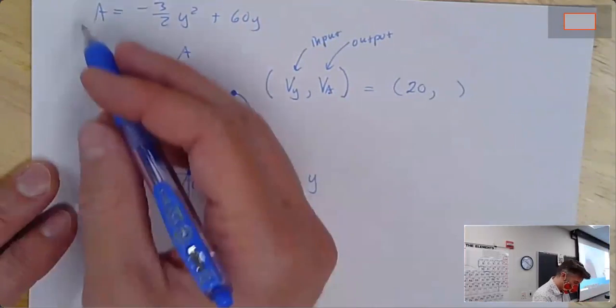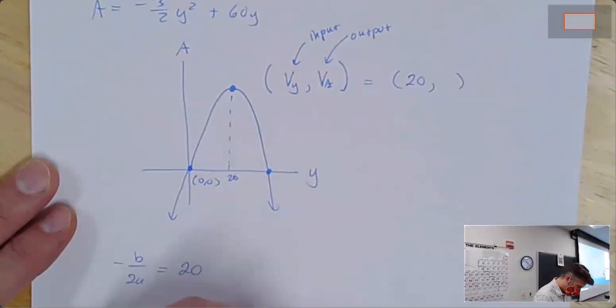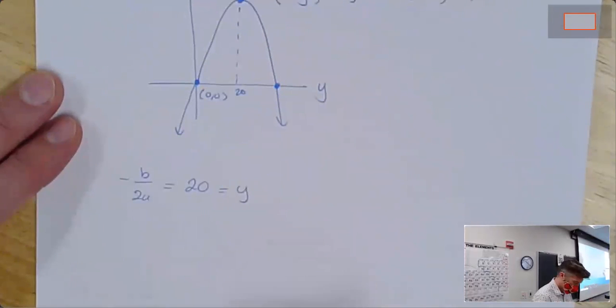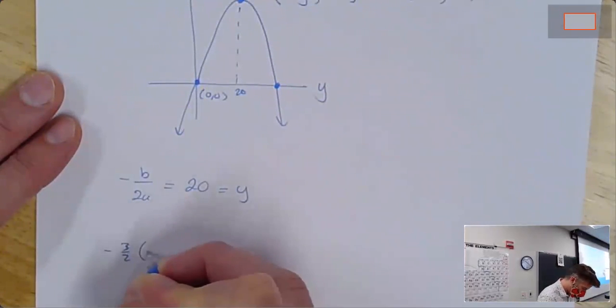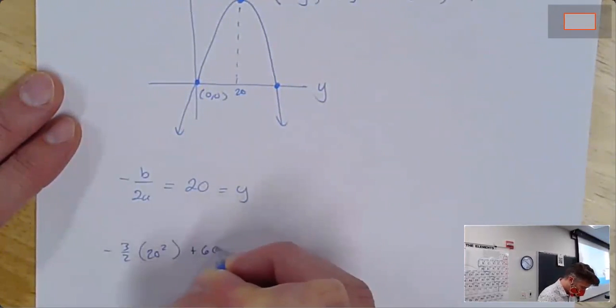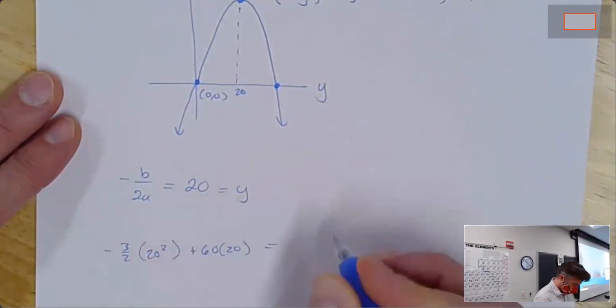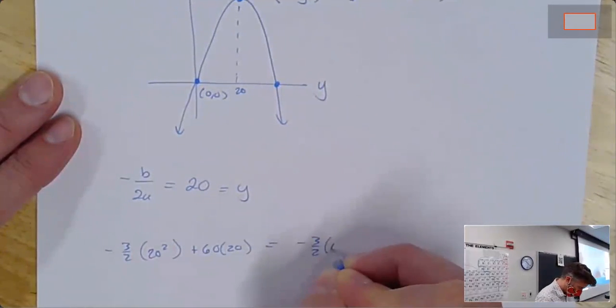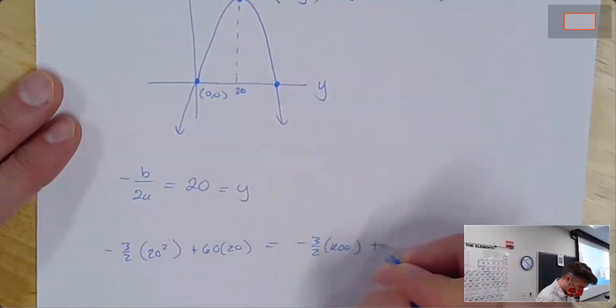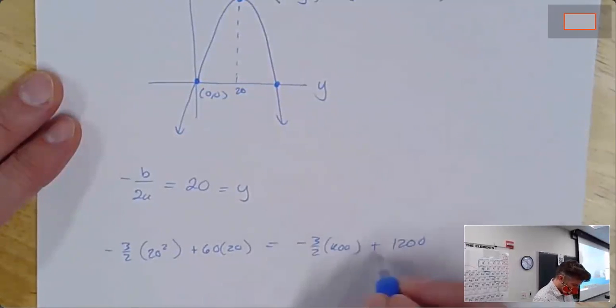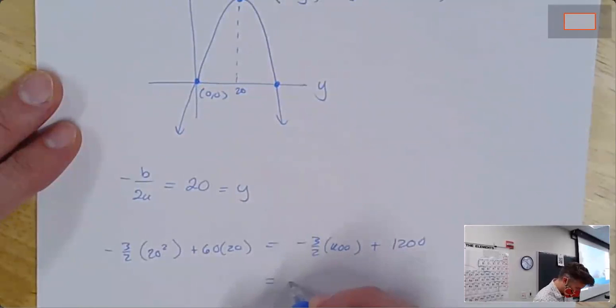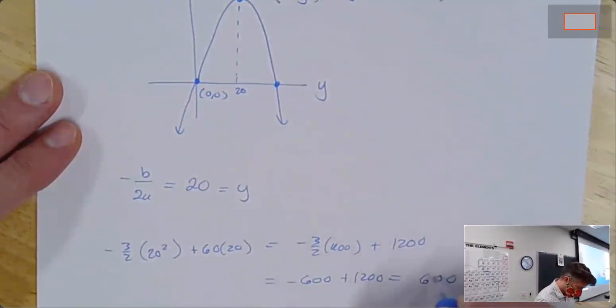If I plug in 20, I'm going to get negative 3/2 times 20 squared plus 60 times 20. That's going to be negative 3/2 times 400. 60 times 20 is 1200. Negative 3/2 of 400 is negative 600 plus 1200, which is 600.